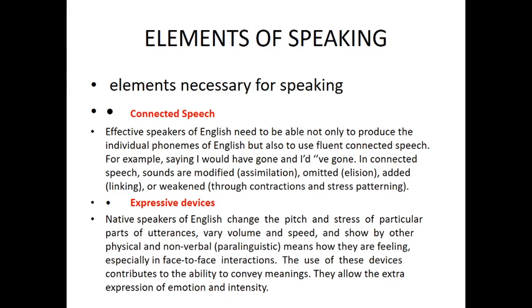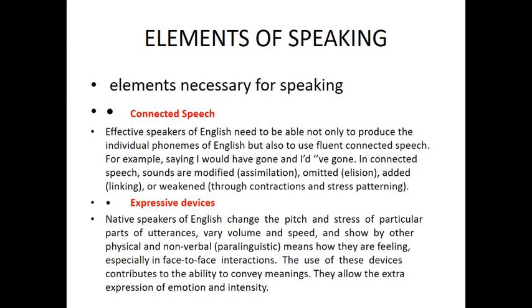So saying "I would have gone" and "I'd have gone", in connected speech sounds are modified, omitted, added or weakened. So in speech, that's how it takes place. Sounds are modified, omitted, added, weakened. So "I'm gonna go" is a language that develops, I think, with connected speech.